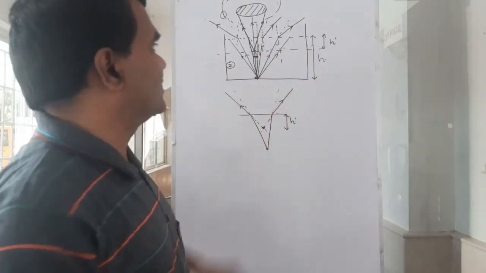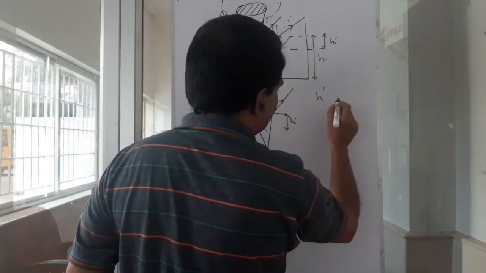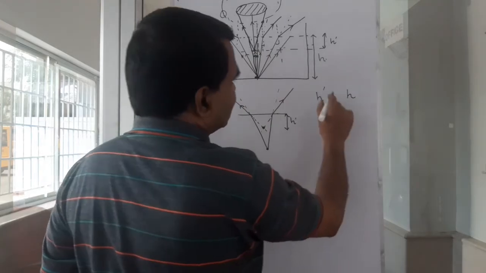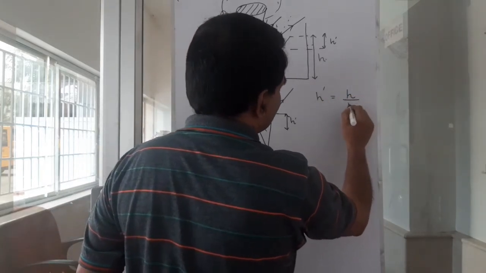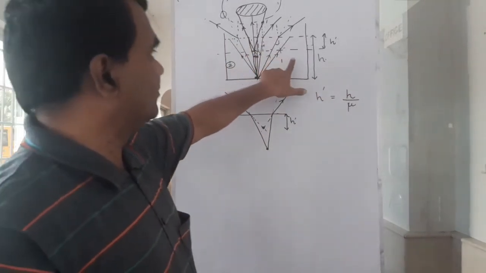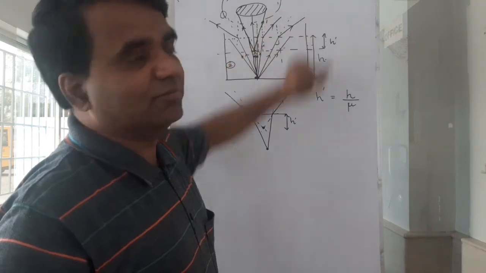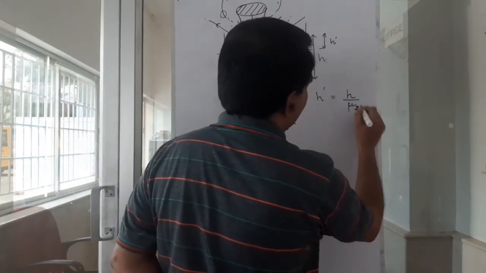So how is it related? This h dashed and h. How are they related? Your h dashed is equal to h by mu, where mu is the refractive index of this medium with respect to the other, the first medium. So h dashed equals h by mu 2, 1.